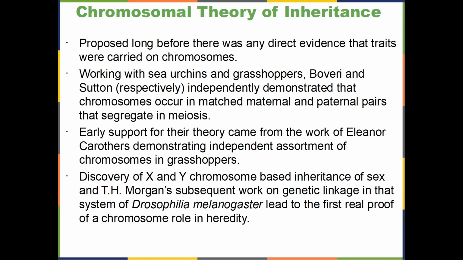All right. Now, that changed with the discovery of X and Y chromosomes, because you could show that there was a direct link between male-female and the presence of the X and Y chromosomes. That's the first real proof of chromosomes' role in heredity.